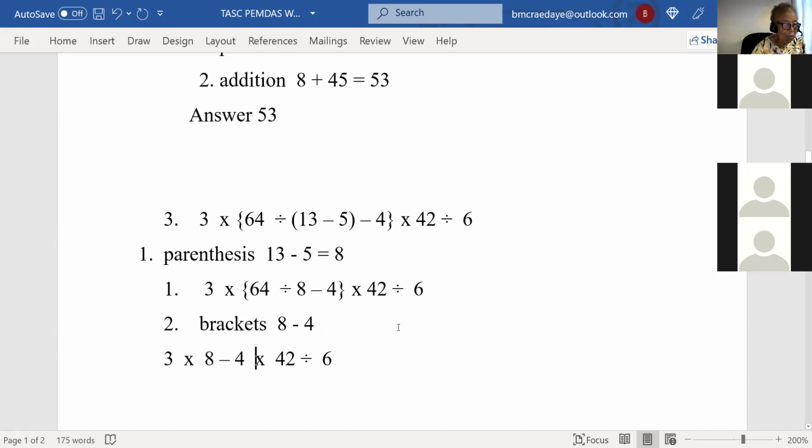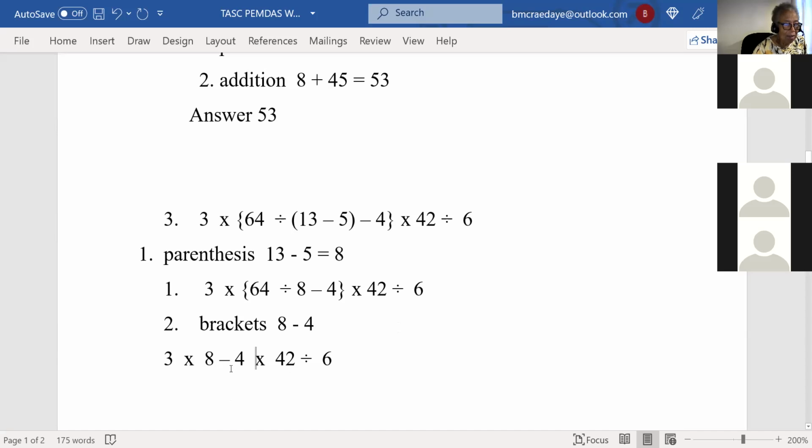Miss Barbara, yes, just one thing. Since we removed the bracket, after we did 64 divided by 8, we got 8, but then we had minus 4, and that was within the brackets, which we put here.